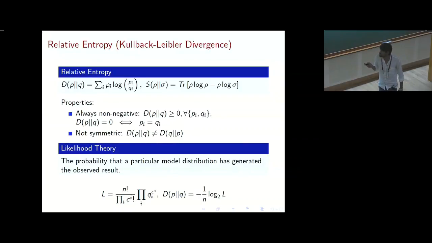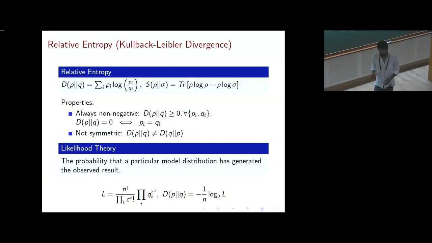But the reason for choosing relative entropy for going forward is its connection with likelihood theory. Let's assume you have a biased coin. The probabilities are not half-half. So you come up with your own probability distribution for the coin, something else, which is described by Q here.